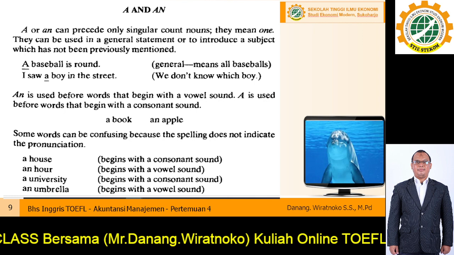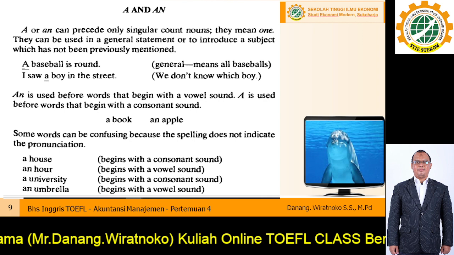But when you say, David, could you open the window on the right? The window. Jadi specifically that window only. Jangan window number 1 atau window number 2, jangan, but that window only. The window on the right only. So here it says, I saw a boy in the street. We don't know which boy, karena banyak boy in the street.